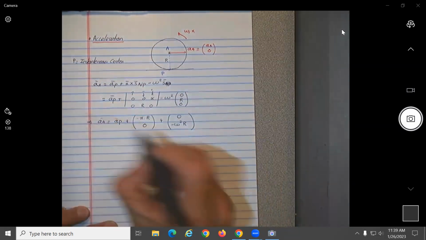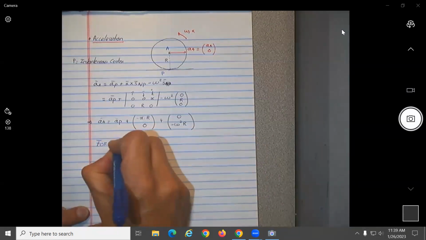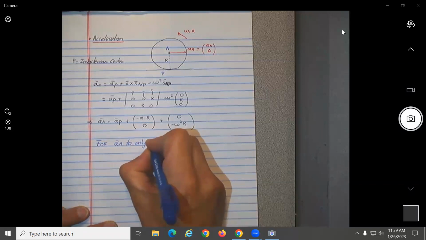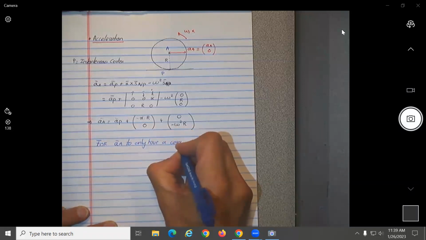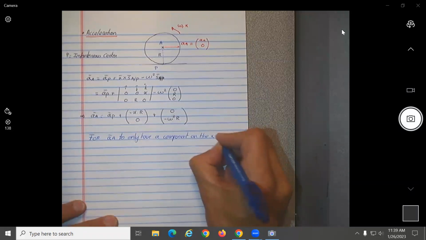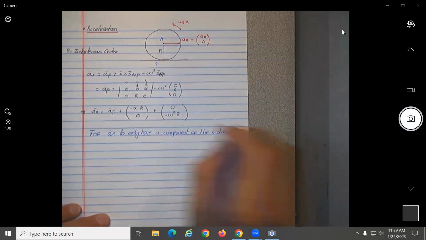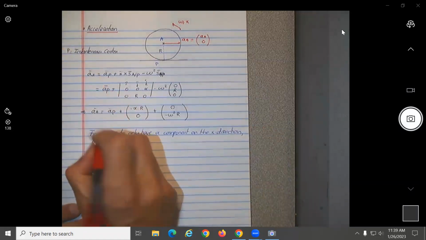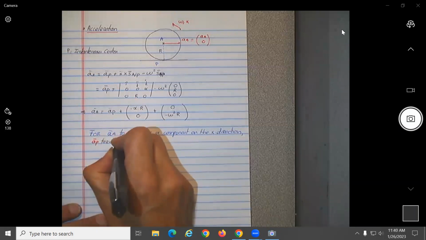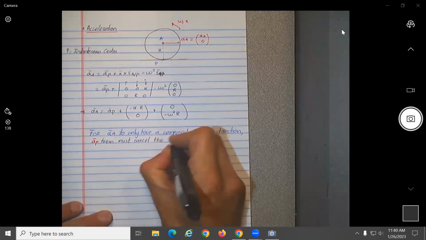Okay, I put the equation and then I write it down. So for acceleration of A to only have a component on the, whatever you want to call I or X direction, let me just say X direction, the A sub P term must cancel the, oh, what did I change color?